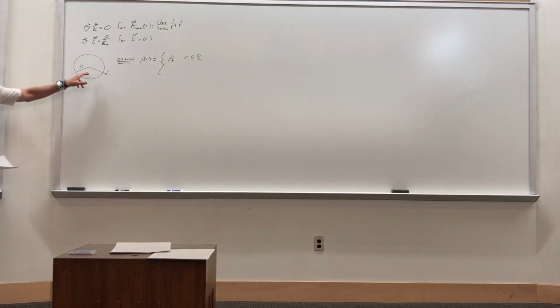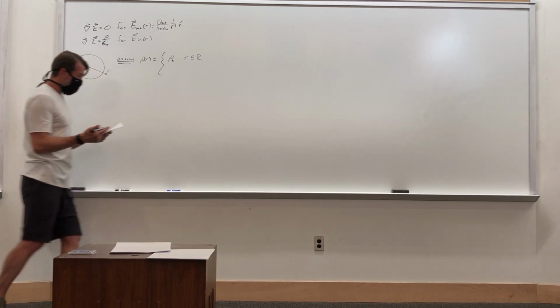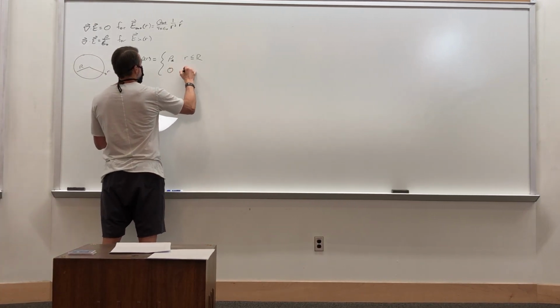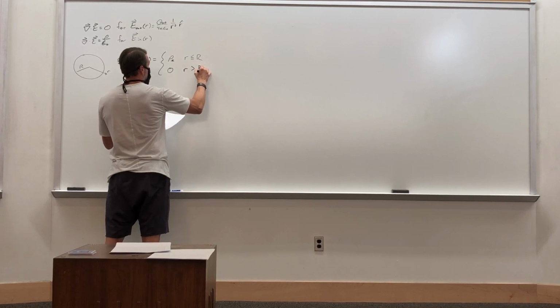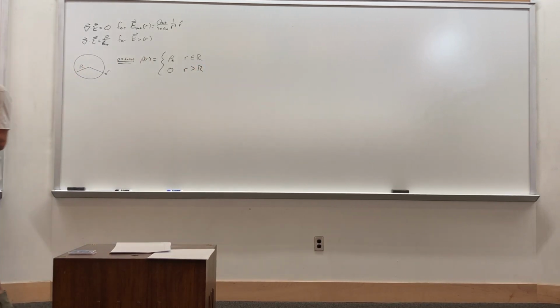It's going to be constant if the value of r is less than the radius of this circle, or this sphere actually, and it's going to be 0 if you're outside. Okay? So this is basically a constant charge density, uniform, throughout the sphere.